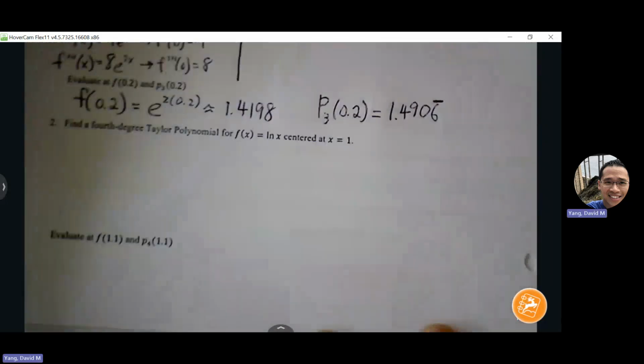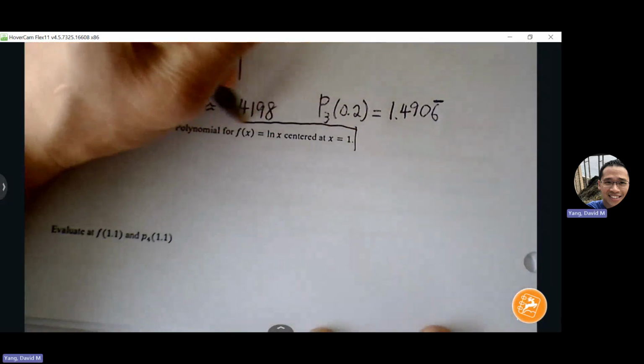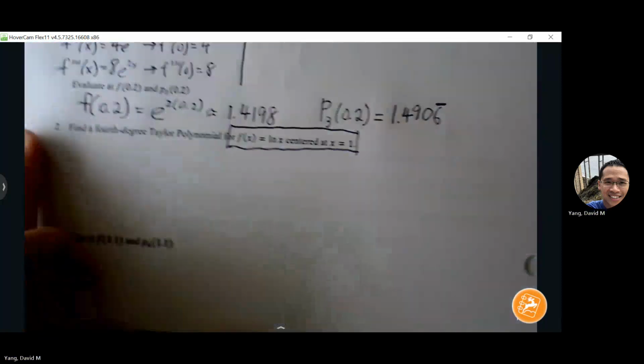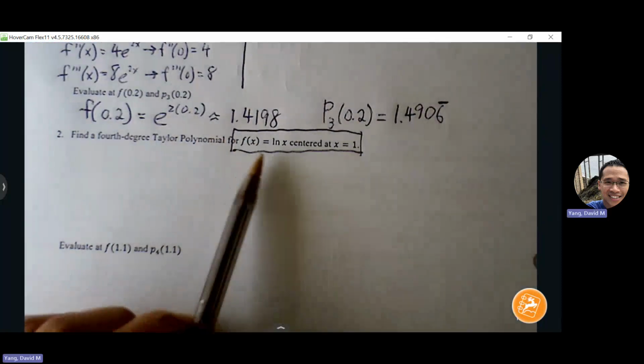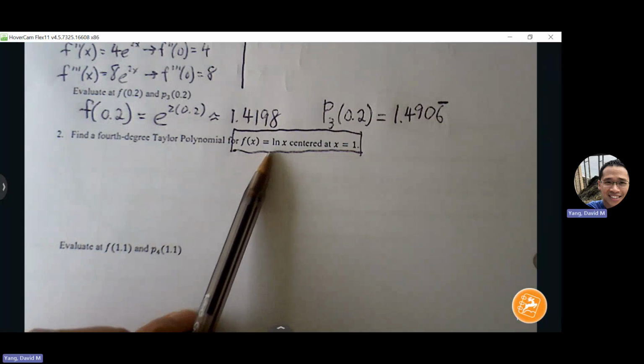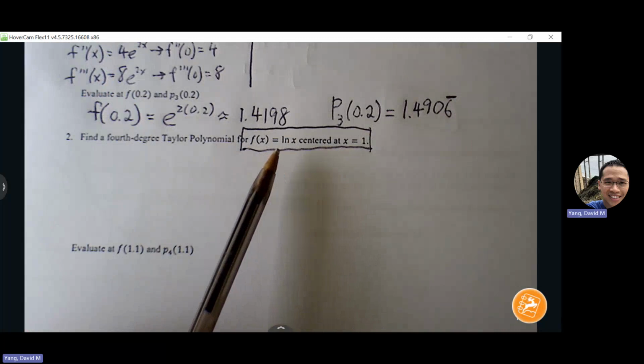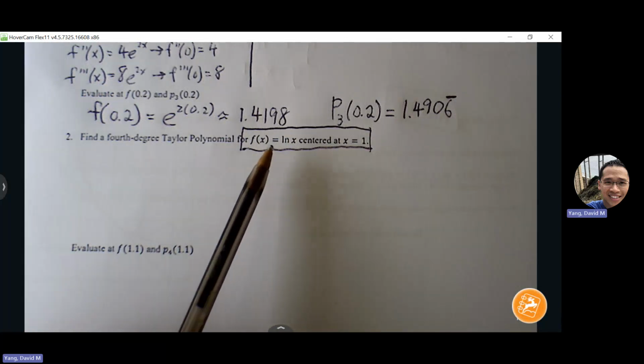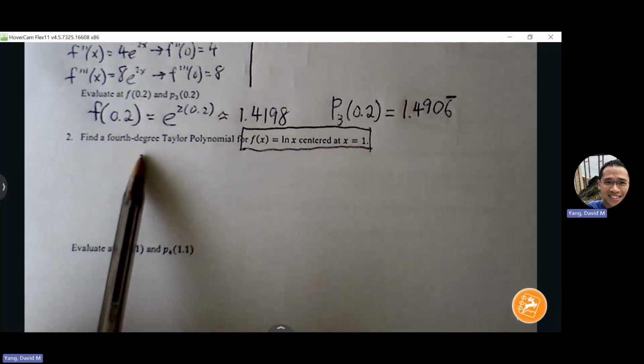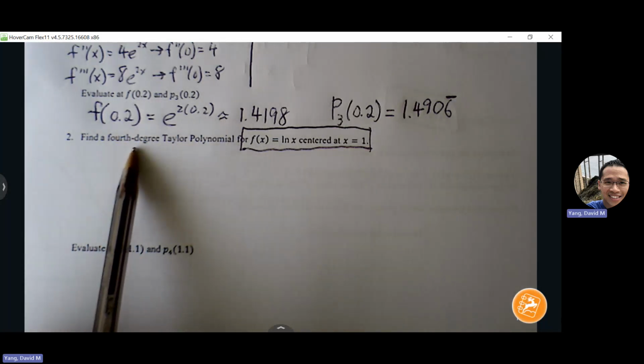Okay, so let's build another Taylor polynomial, and now we're going to try to make a polynomial imitate the information or the graph of natural log of x. The way we can imitate it best is to gather information about everything up to the fourth derivative of natural log of x.